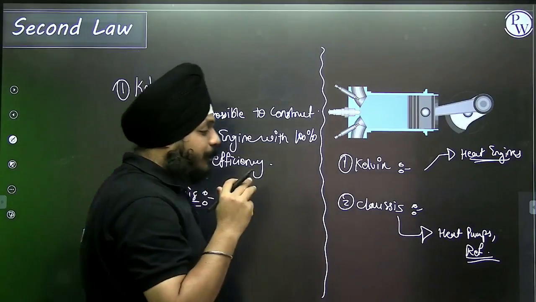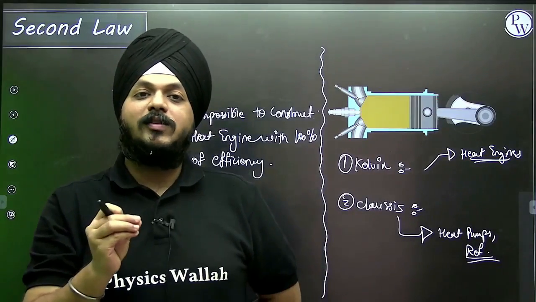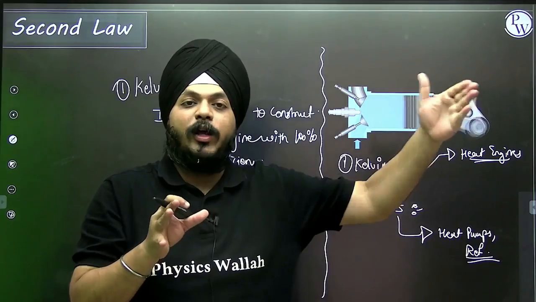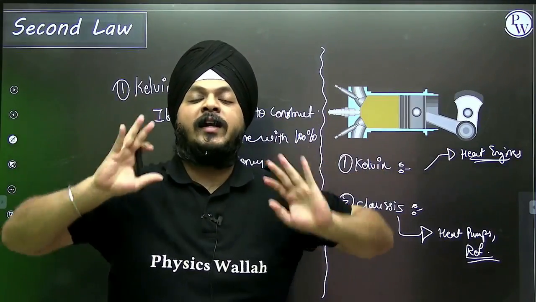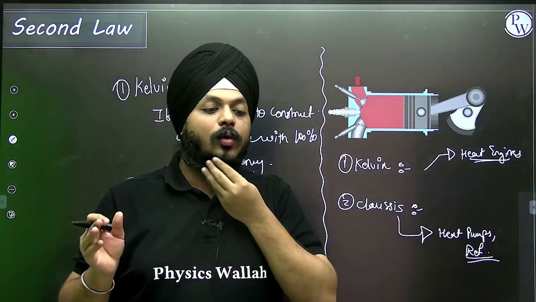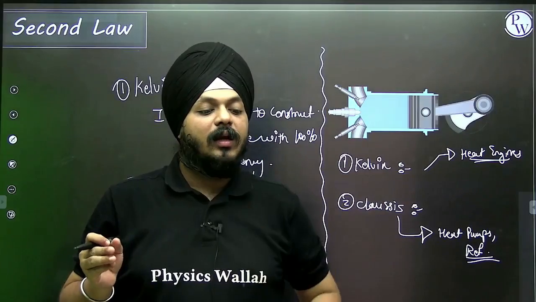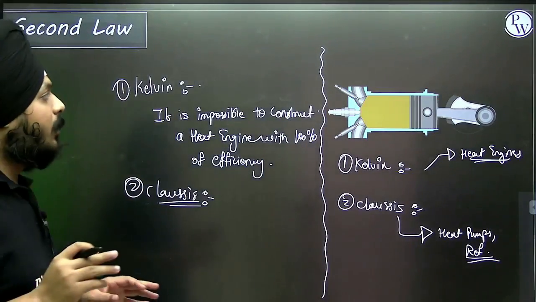It is not possible to construct an engine that has 100% efficiency. It means that it is not possible that whatever heat flows from the source to the sink, 100% of it gets converted into work done. No, it is not possible.